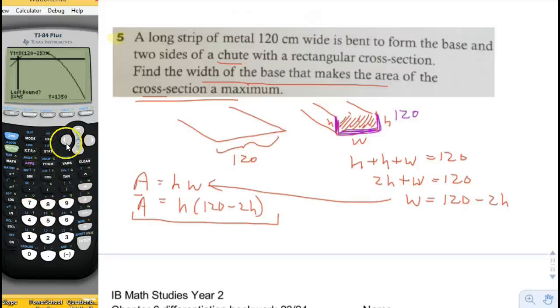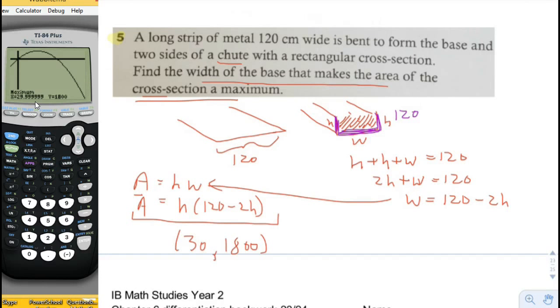Maximum 4, and then I'm going to do the left bound. We've got to move to the left side of the max, and then we go to the right side of the max. And then we guess. And then the maximum is going to be 30, 1800.